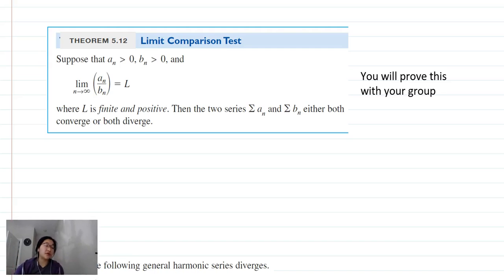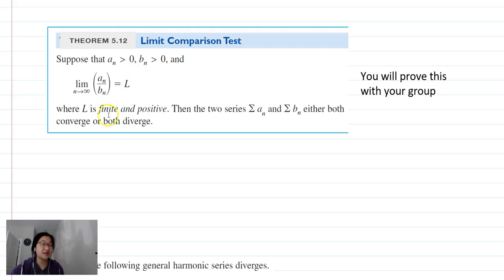Alright, another tool we have in our series tool belt is the limit comparison test. So suppose that you have strictly positive terms in your sequences A and B, and you get a number as the limit of the ratio of your two terms, and this is a positive, finite number, not infinite.